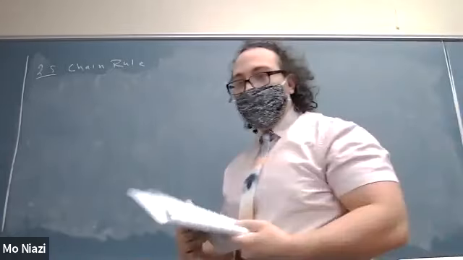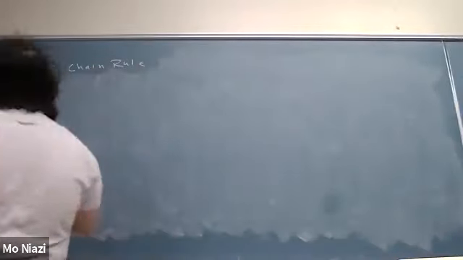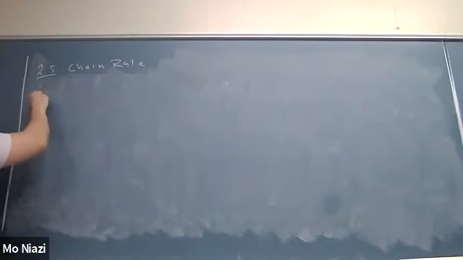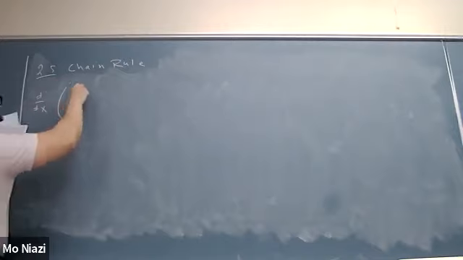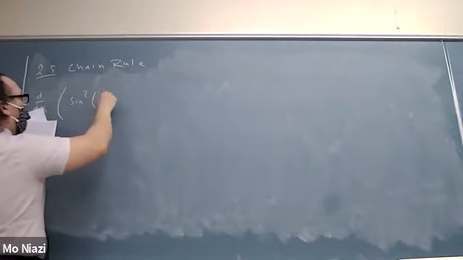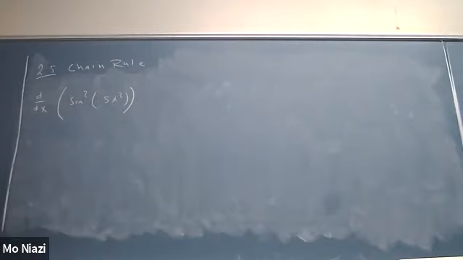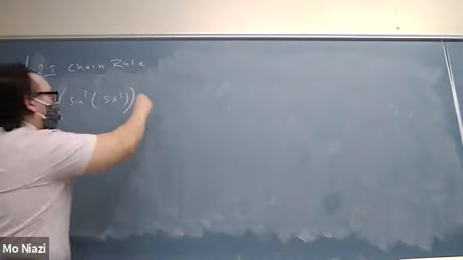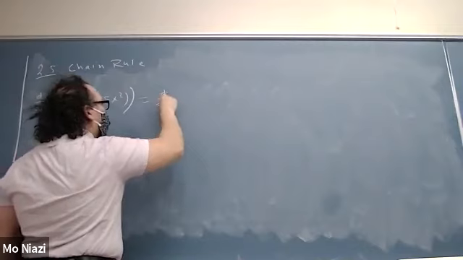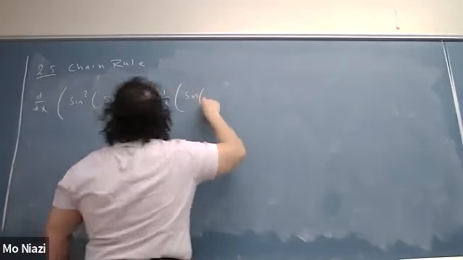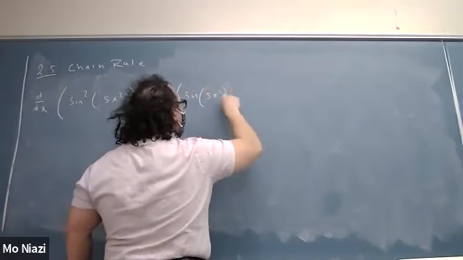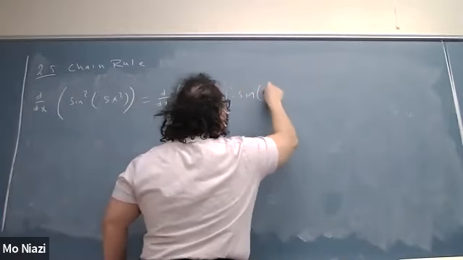Let's do a few more examples before doing a conceptual explanation of this. What's the ddx, or the derivative, of sine squared of 5x squared? Recall, this is the same thing as ddx of sine of 5x squared times itself.